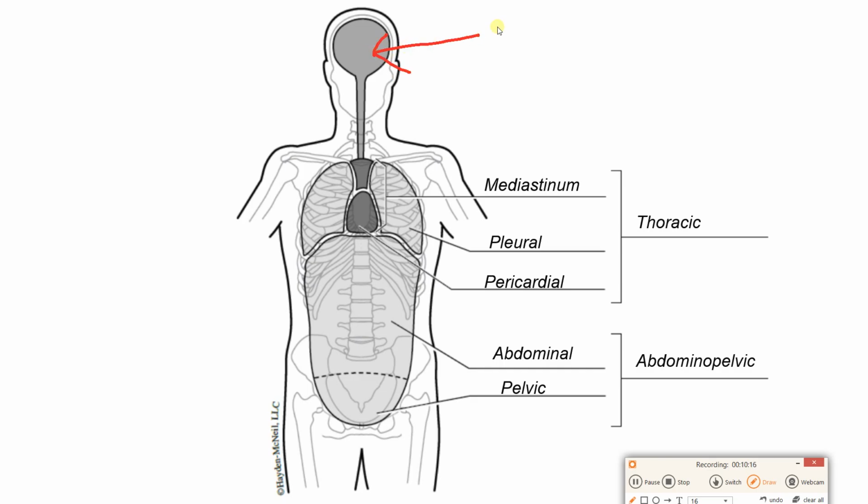Right up here where I drew a red arrow, that is the cranial part of my dorsal body cavity. And then extending below it, let's put an arrow on that too, that is my vertebral part of my dorsal body cavity. So I can still see dorsal body cavity structures, although they're not labeled here.